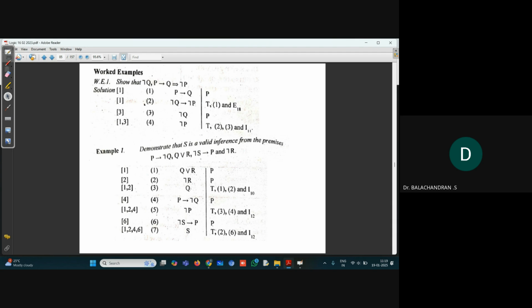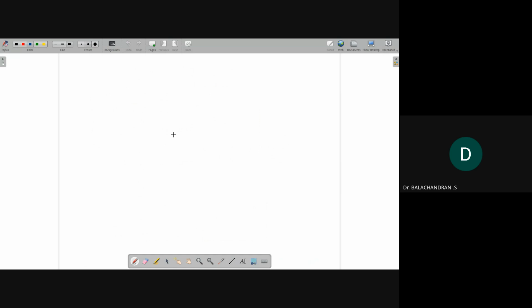And then directly you can get from 1 and 2 negation R and R or Q is what? You can write Q. Okay, I'll write Q or R. Q or R. And what?